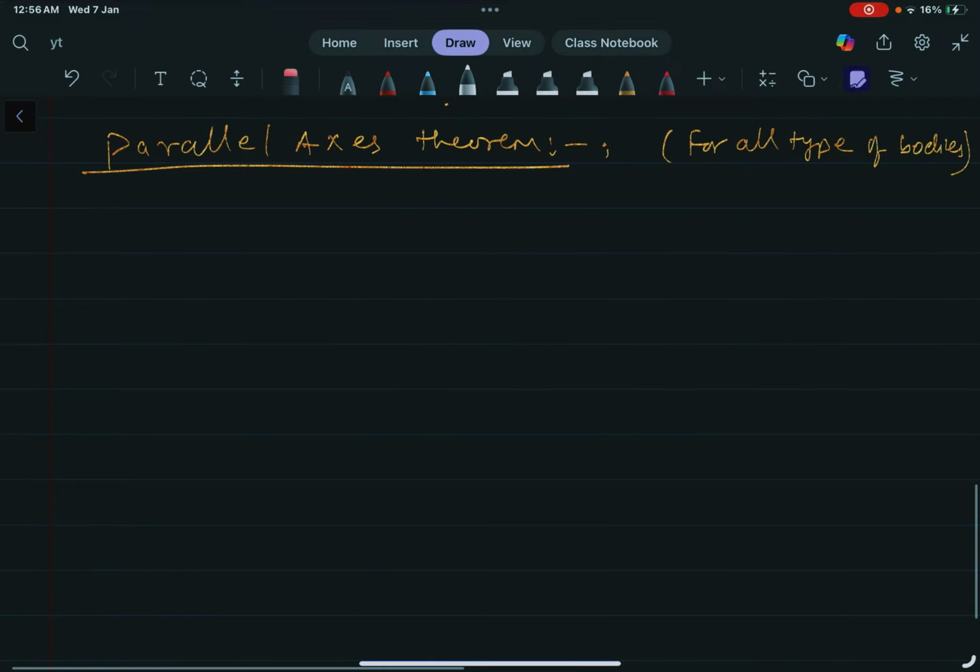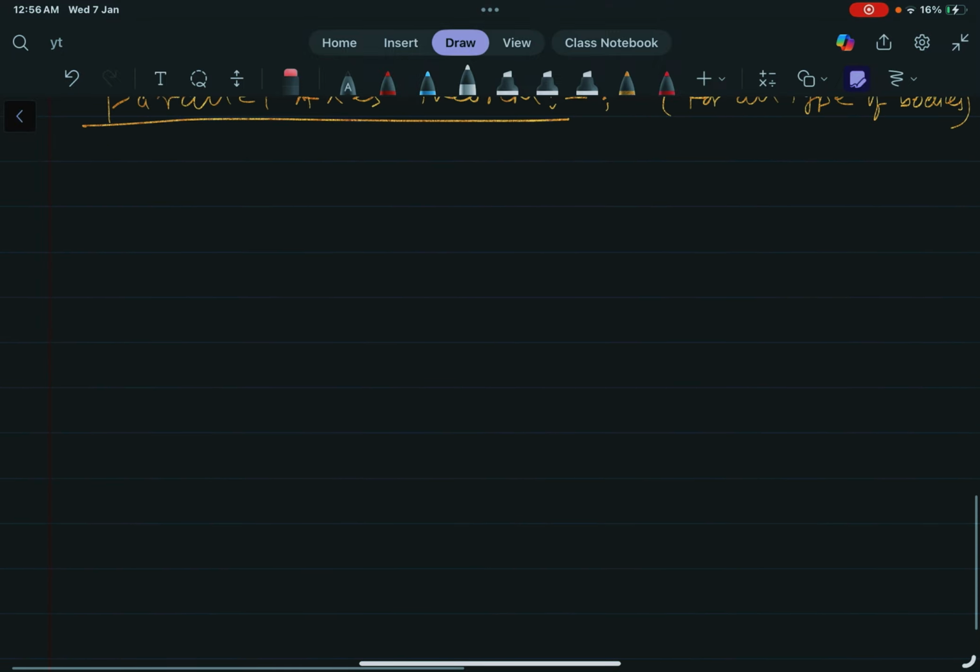First of all, I am discussing the definition of this parallel axis theorem, then the mechanism of this theorem.